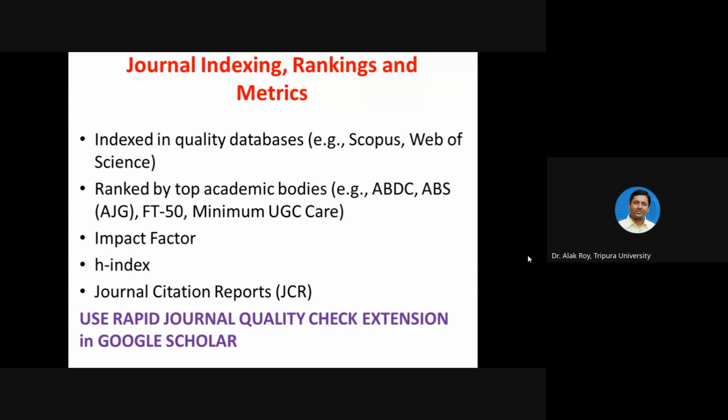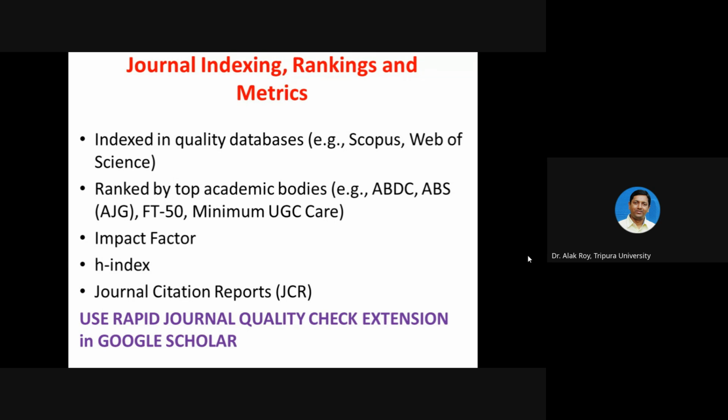For example, in our recruitment and promotions, in the UGC system, UGC talks about impact factor, not CiteScore. Impact factor is given by Web of Science, that is Clarivate, not Scopus. Remember that.